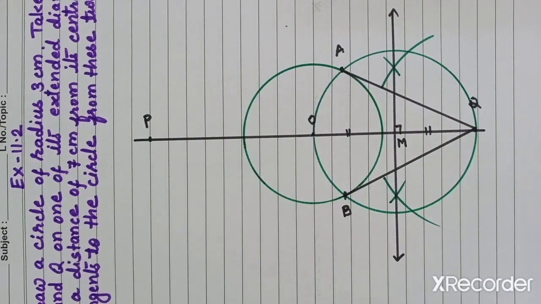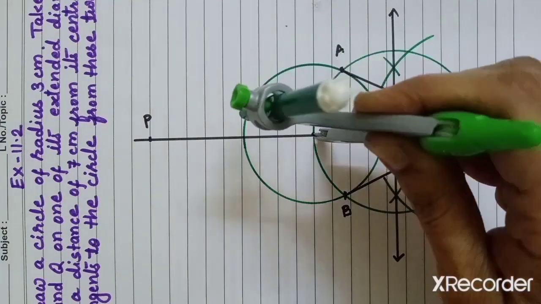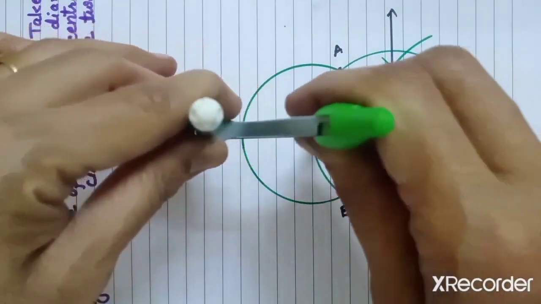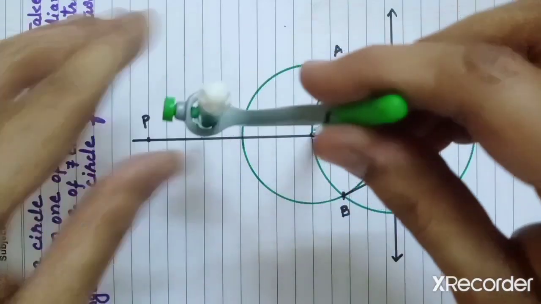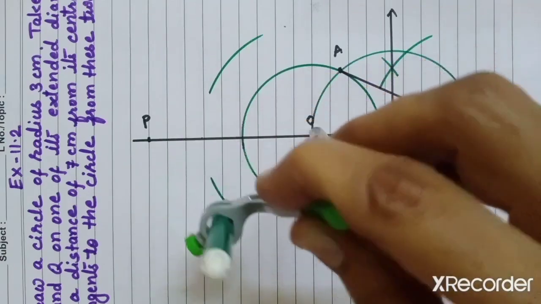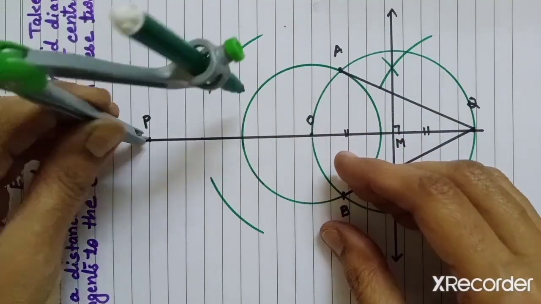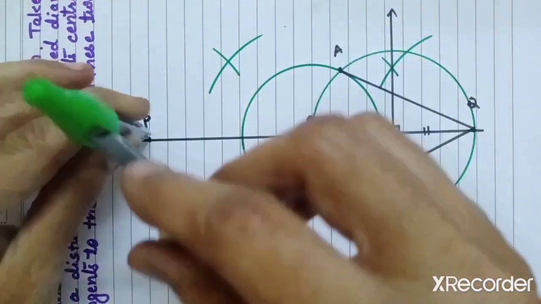Now this time you consider length OP. Draw the perpendicular bisector of this segment OP. For that you take more than half of this OP length. Draw 2 arcs. Now with P as a center, draw other arcs.